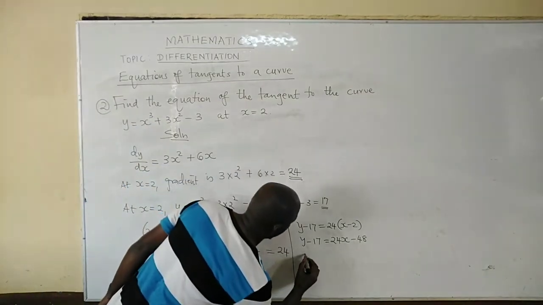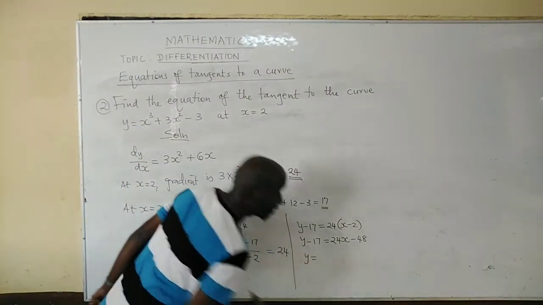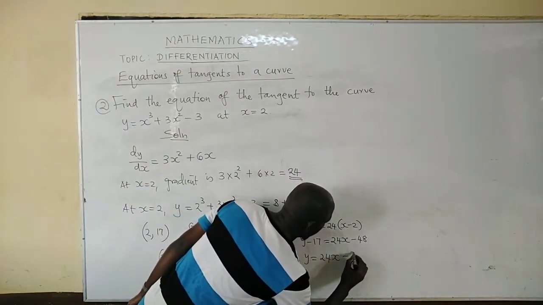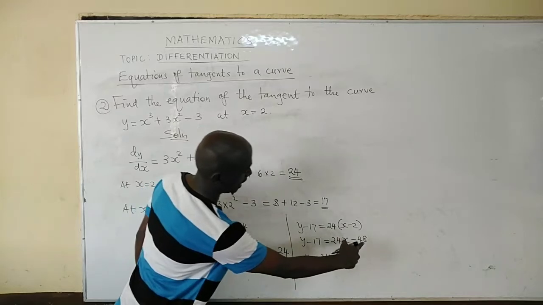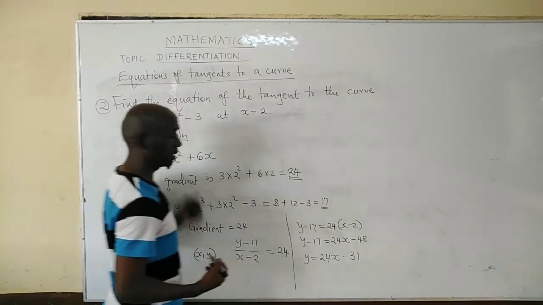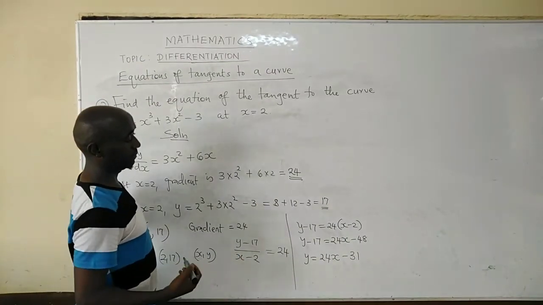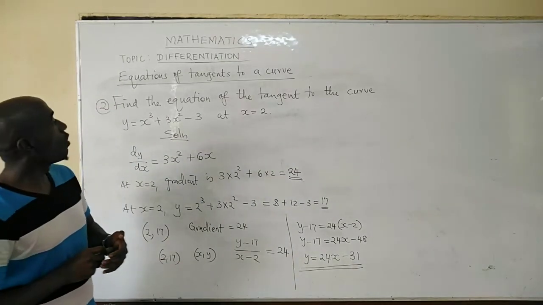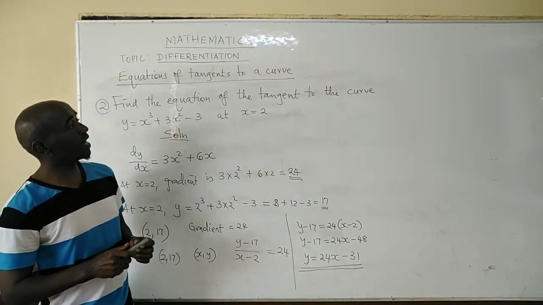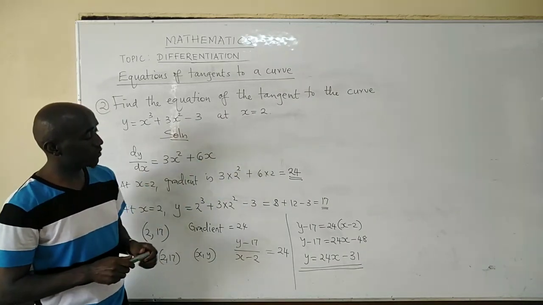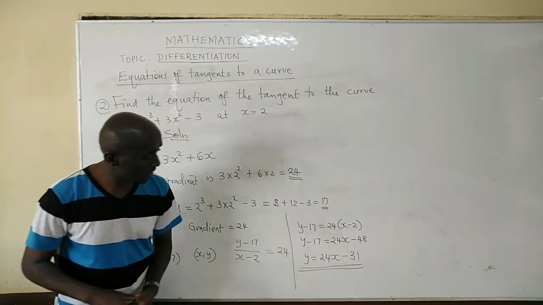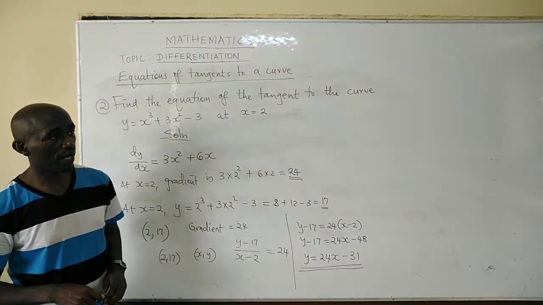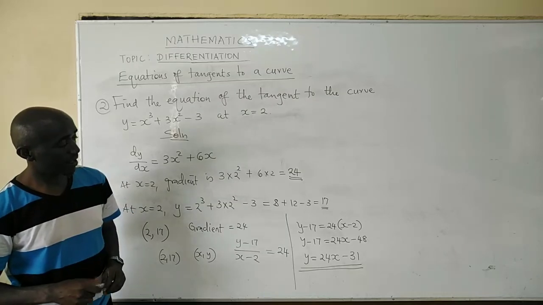So then finally, if you add 17 on both sides, you will have y is equal to 24x minus 31. Minus 48 plus 17 will be minus 31. So that is the final answer, which is the equation of the tangent. The equation of that tangent at x is equal to 2 is y is equal to 24x minus 31.